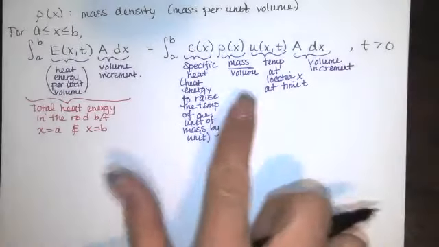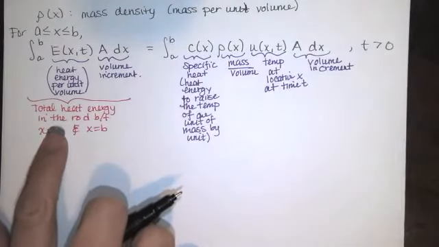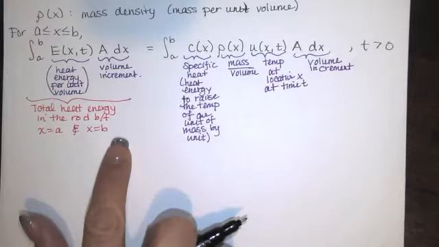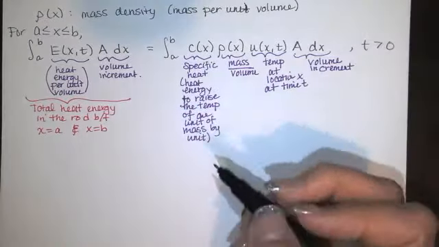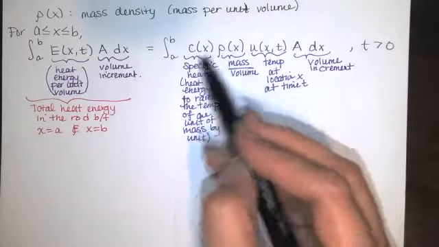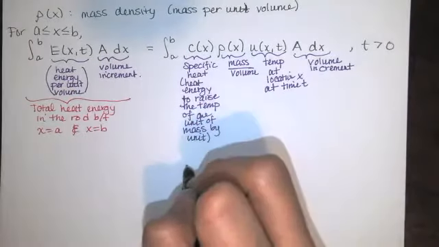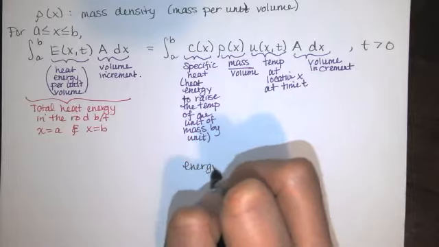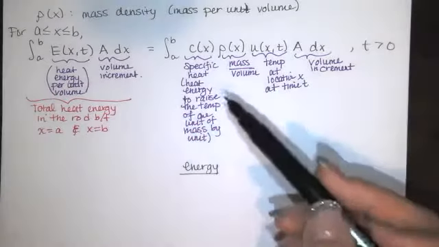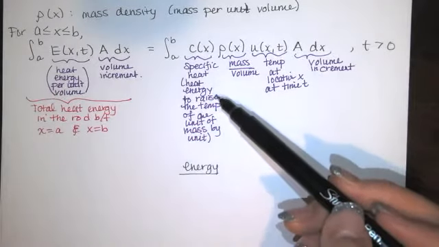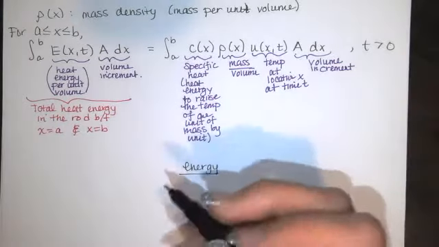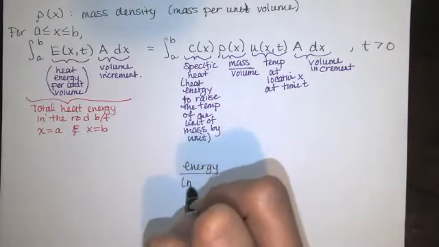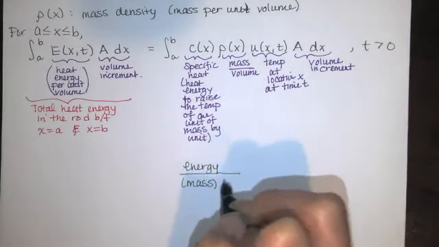And I claim that this is an alternate representation of this total heat energy in the rod between x equals A and x equals B. Let's make sure the dimensions work out. So this quantity is specific heat. So it's heat energy, and it's energy necessary to raise the temperature of 1 unit of mass by 1 unit. So it's energy per unit mass per unit temperature.